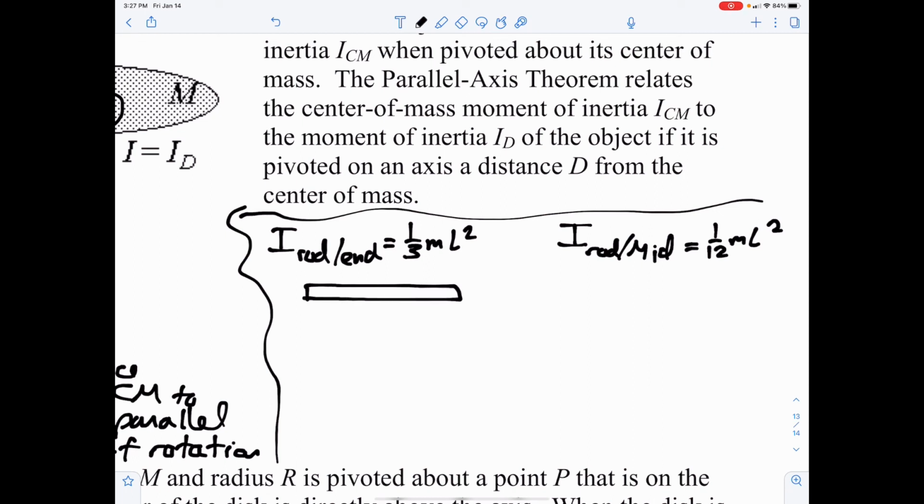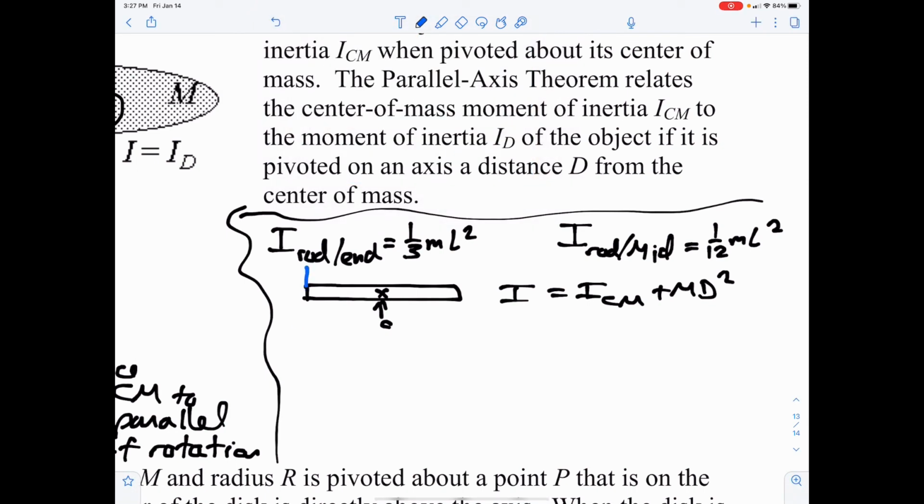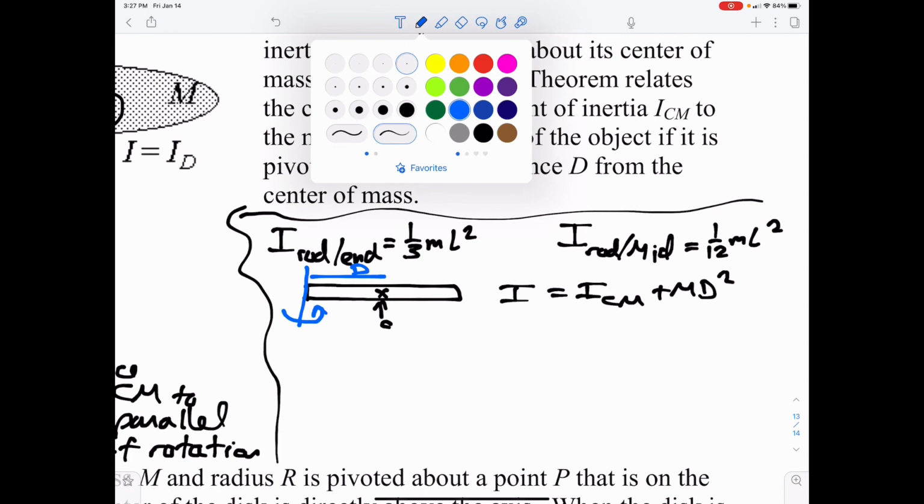So the rod about the middle, that would be the center of mass, is this right here. If we use parallel axis theorem, I equals I_CM plus MD squared. Rotating about the endpoint here makes this distance d. Distance d would be half the length of the rod.